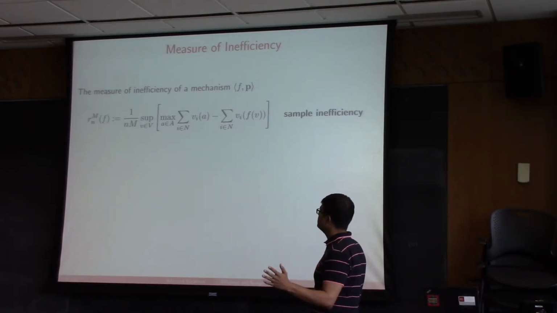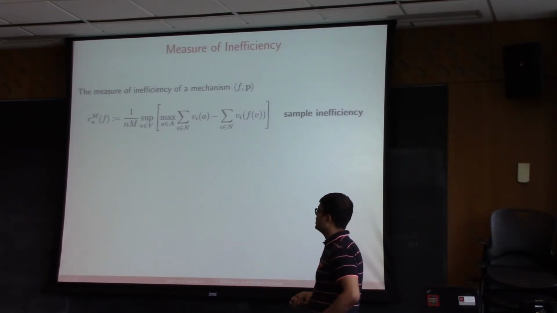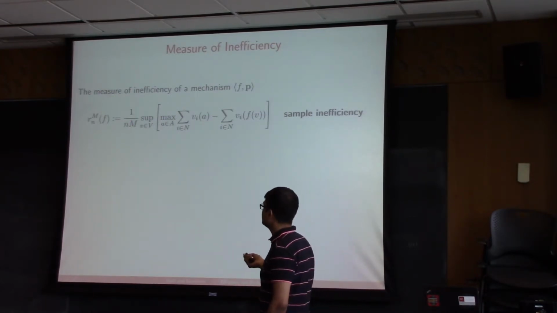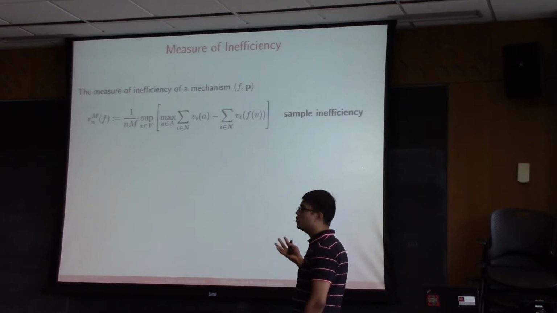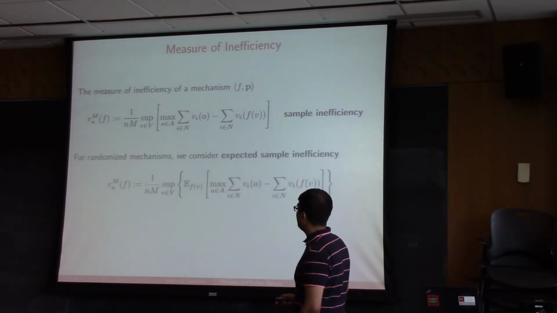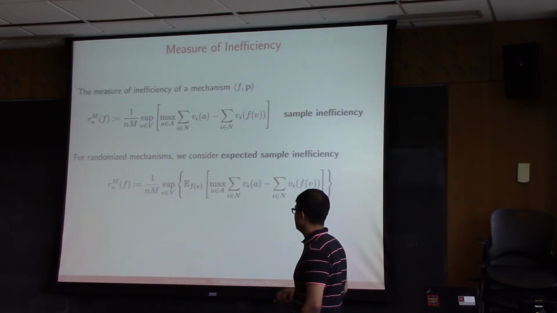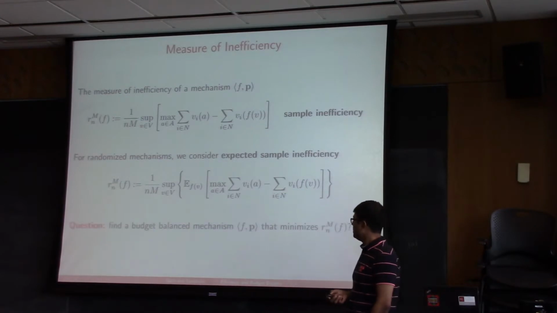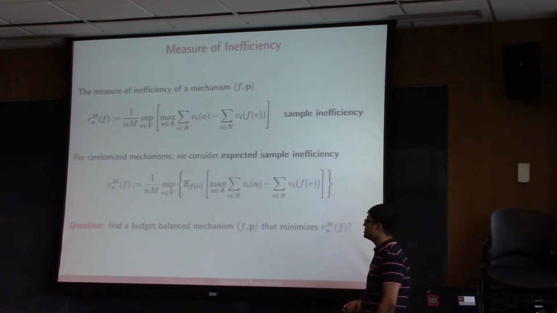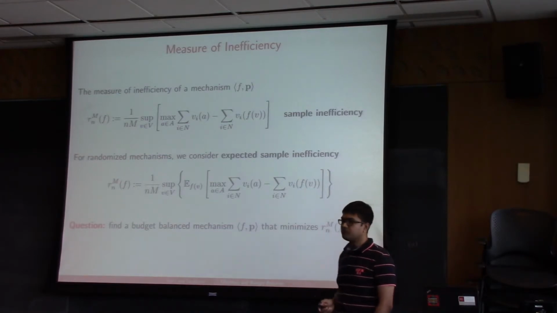We look at the maximum difference in this social welfare and then normalize that appropriately. And this gives us a metric of how good our mechanism is performing in terms of inefficiency. And when we go to randomized mechanisms, we just take the expectation with respect to the lottery that is returned by the mechanism. Now the question that we are going to ask is: find a budget balanced mechanism that minimizes this metric.